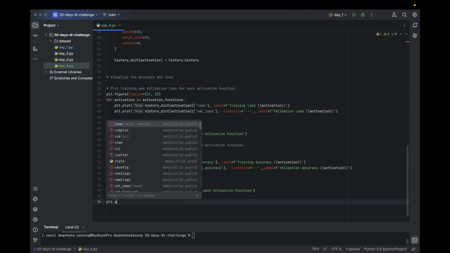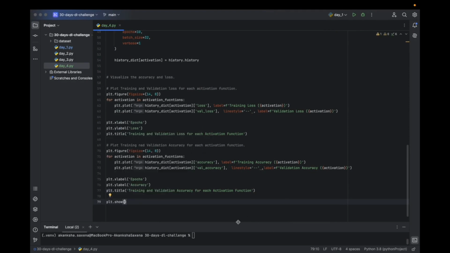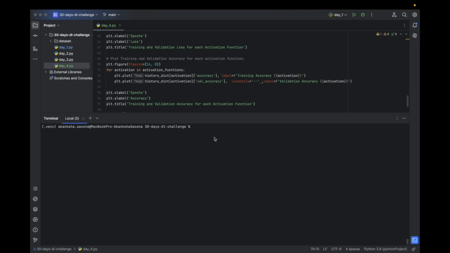Once done, we will simply show it. This is looking good to go. So let's compile this day 4 code.